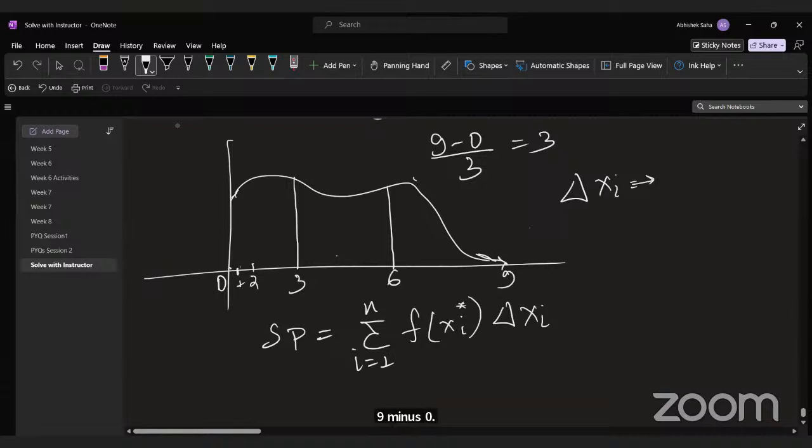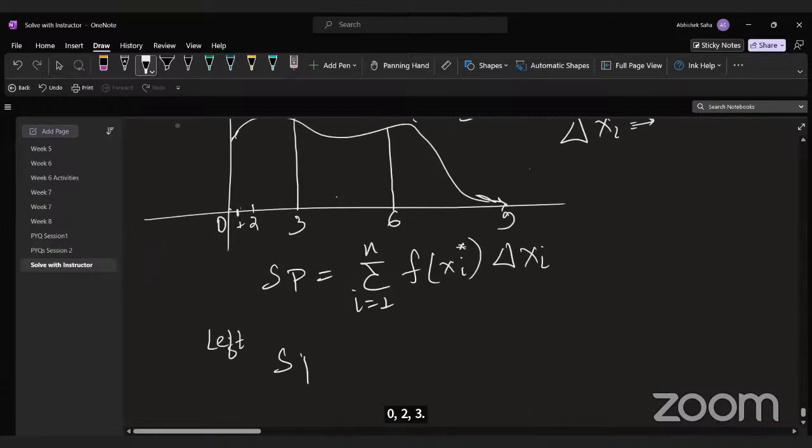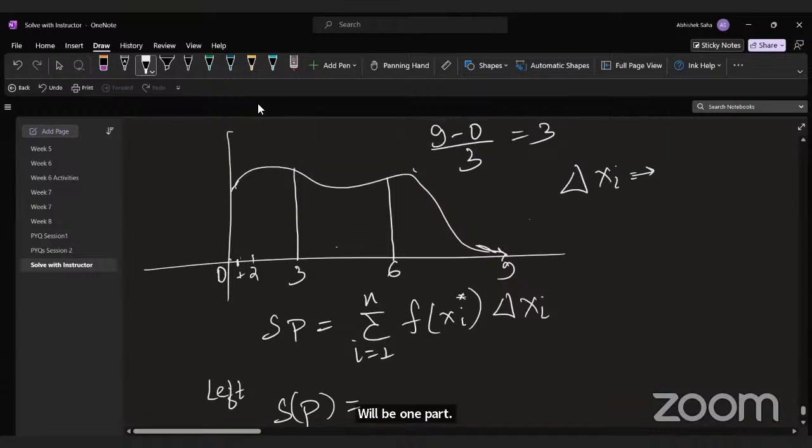Now you have to find the left-end Riemann sum. For the left end, which points do you have to take? This one, this one, this one: 0, 3, 6.